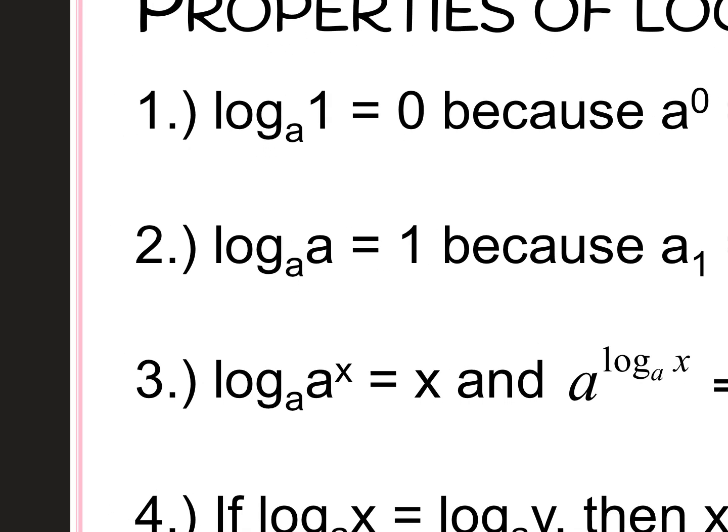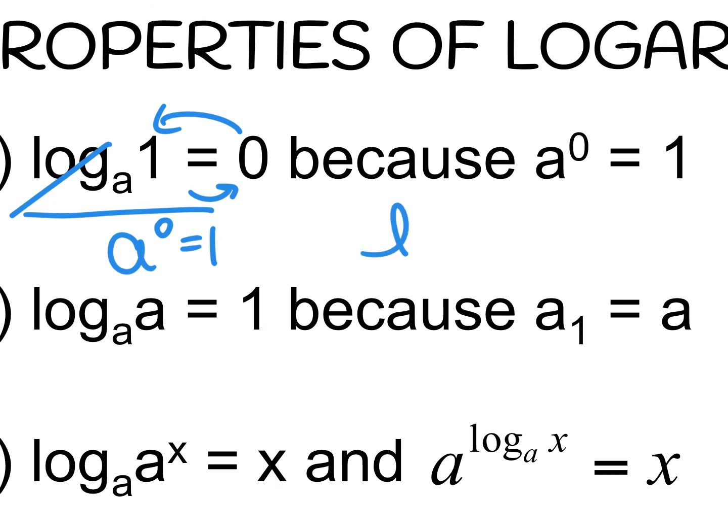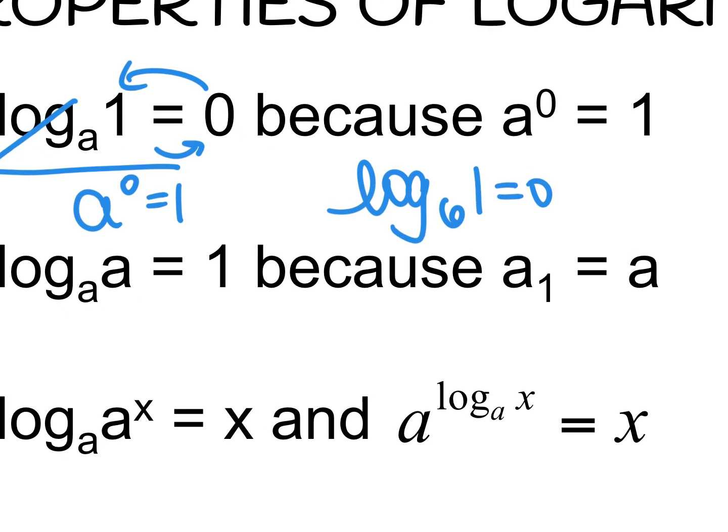Think about it, guys. If I were to take this and turn it into exponential, my log would go away, the a becomes big, right? Then 1 and 0 do what? They switch spots. Anything to the 0 power is what? 1. So a question you might see is like log 6 of 1 equals 0. And you guys are like, wait, what? I don't have a calculator, I can't do that. Well, think about it.